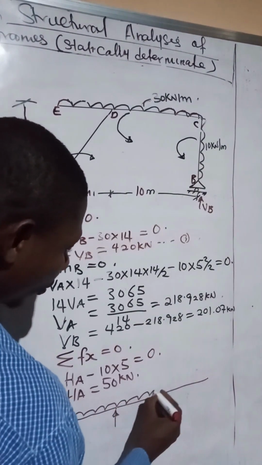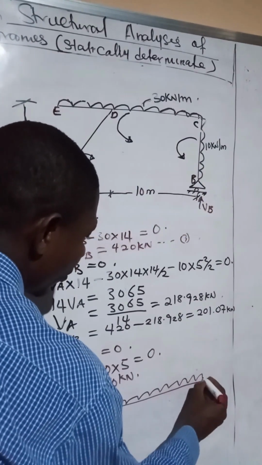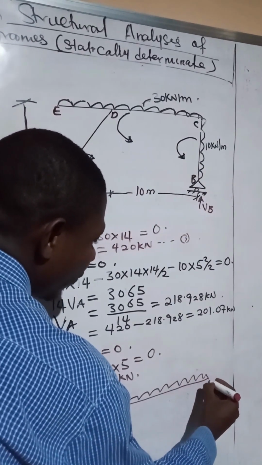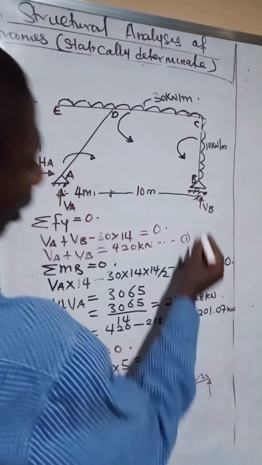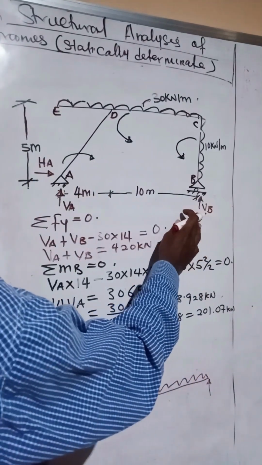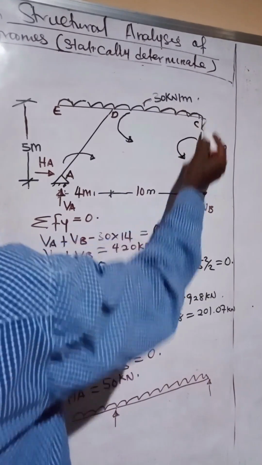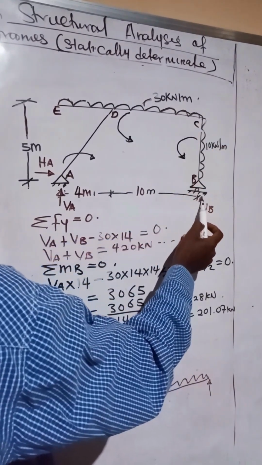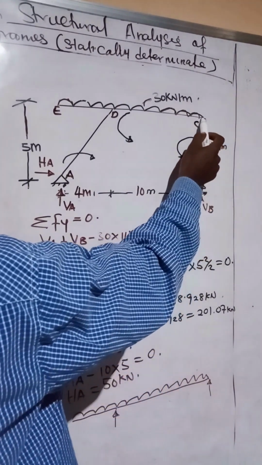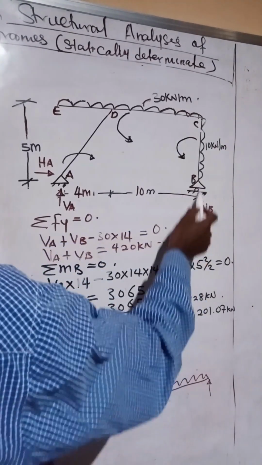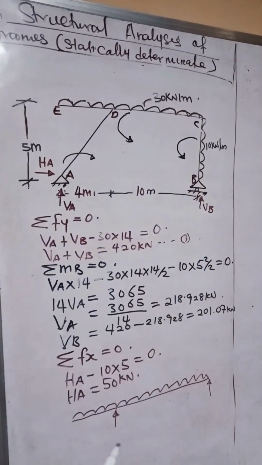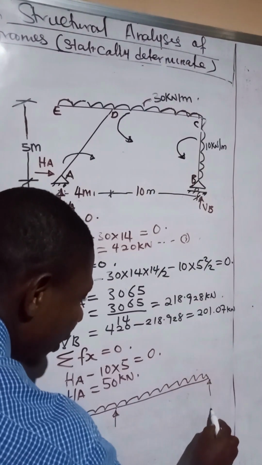It continues. At this point, we have another support. Now, take note, the vertical reaction here will be an axial force running through to this point. So the reaction here becomes the reaction here.